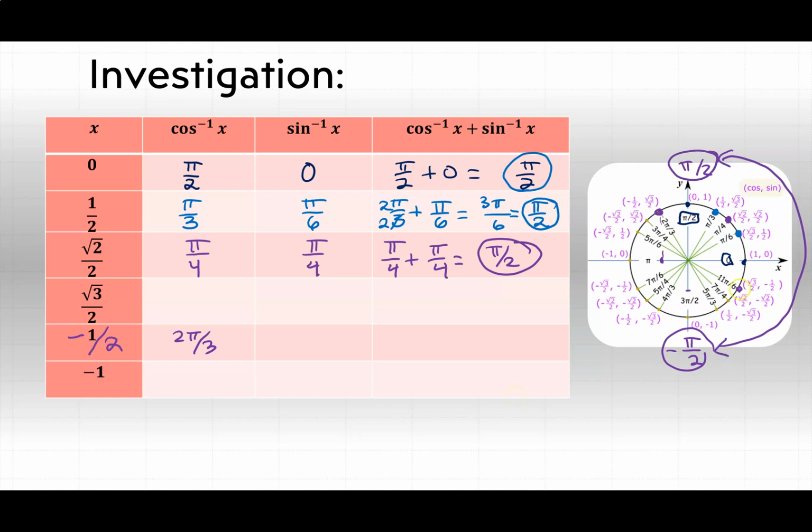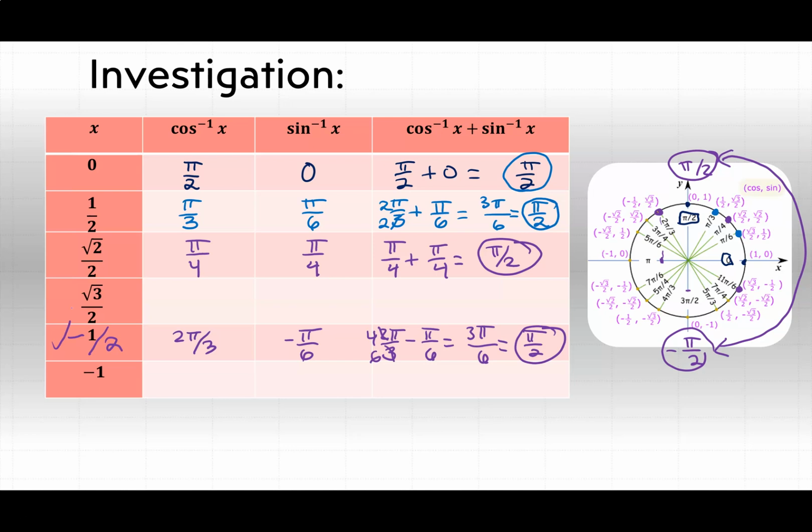So instead of calling it 11 pi over 6, you'll need to call it negative pi over 6. Okay, so then 2 pi over 3 minus pi over 6. 2 pi over 3, when you multiply, that would be 4 over 6. The common denominator is 6, and you subtract, you'll get 3 pi over 6, which is pi over 2. So it will work also when you have negative values.